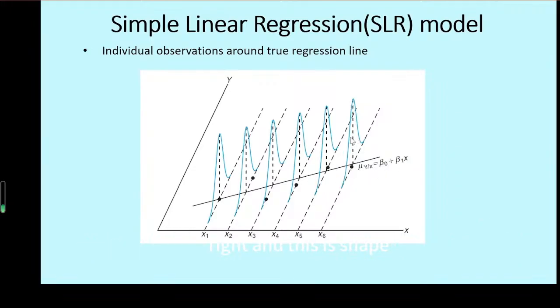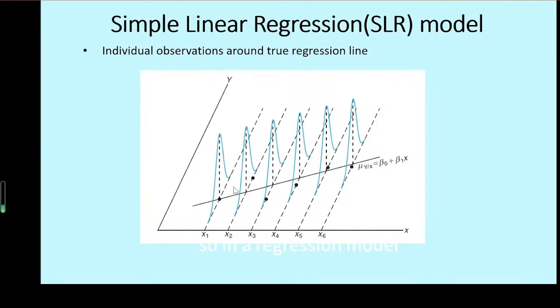And this shape models the random term, the distribution of the random term epsilon. So that's why you observe the value maybe here or maybe here, different values. But for different x, the distributions of this random variable are the same. So the epsilon has the same distribution for different x values.